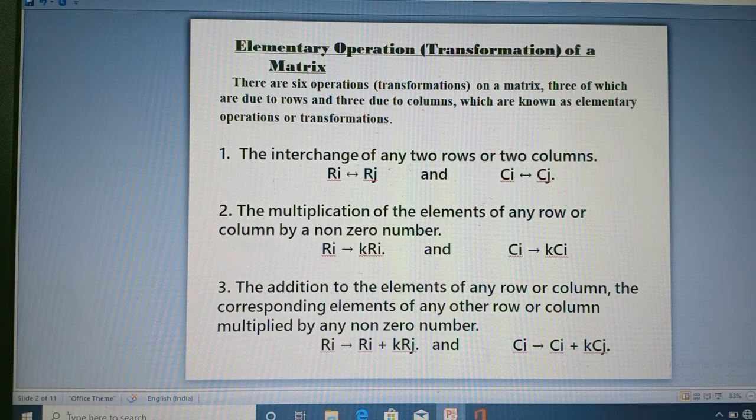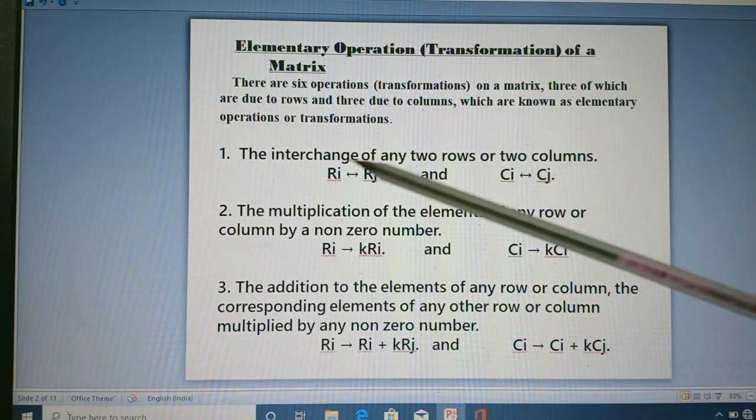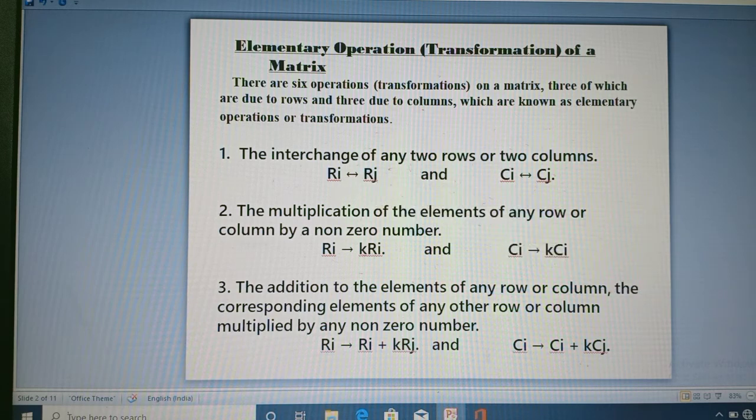For example, the ith row and jth row can be interchanged in any matrix, and similarly the ith column and jth column can be interchanged. For example, first row and second row you can interchange, or first row and third row. First column and second column also you can interchange. So this is the first operation.